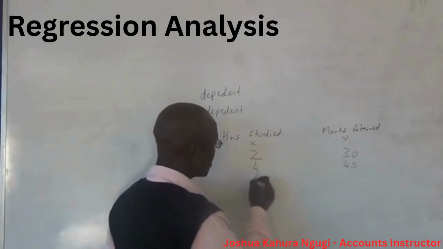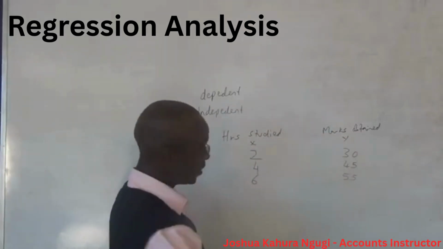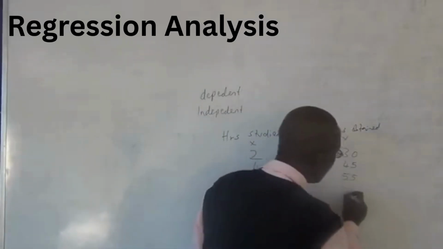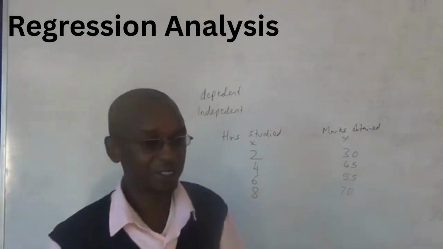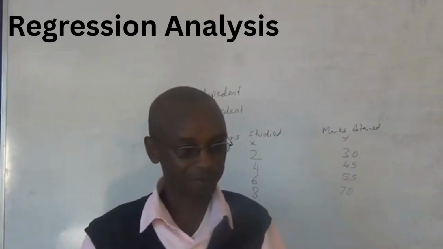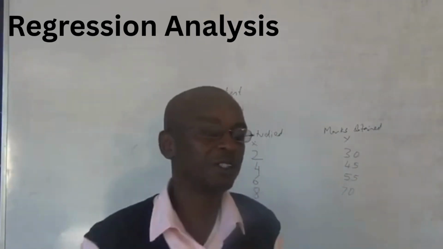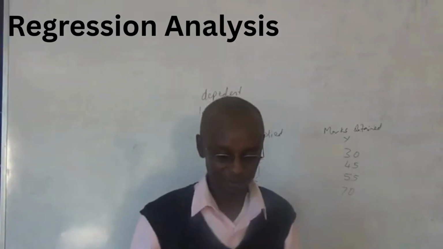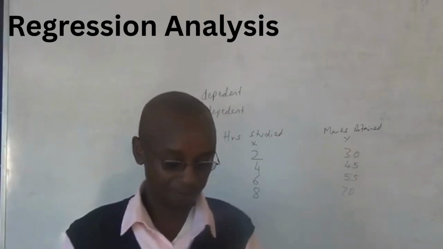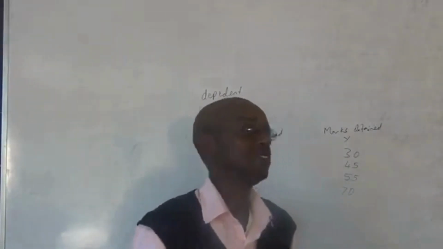Study for 6 hours, you get 55. Study for 8 hours, you get what? 70. How can you comment on that relationship? As study hours increase, marks also increase. Regression analysis helps to establish this relationship mathematically.